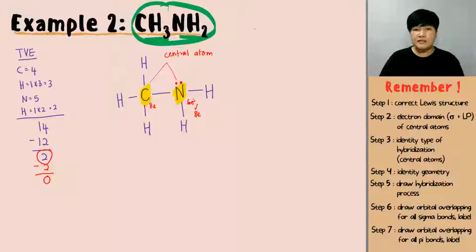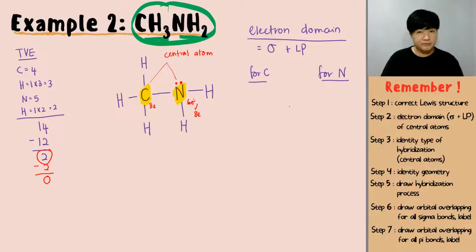Clear? Next, we will look for the electron domain by using the formula sigma plus lone pair for both carbon and nitrogen central atoms. For the carbon central atom, we have 4 sigma around carbon over here, and we have no lone pair.